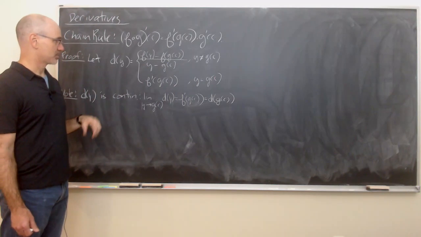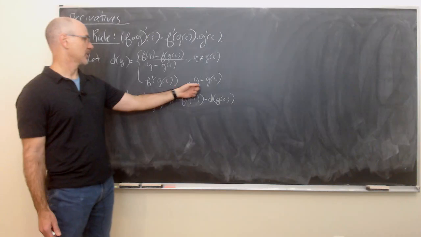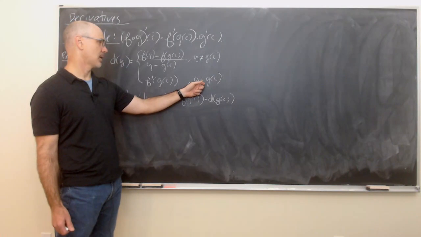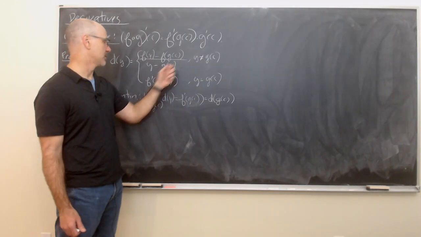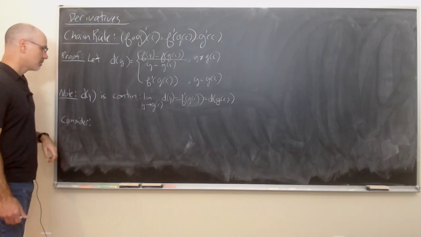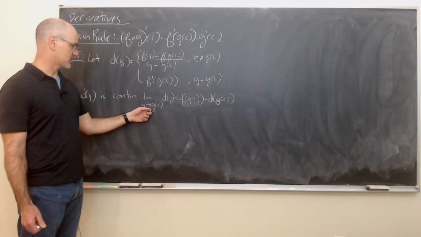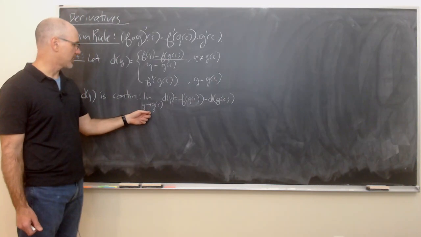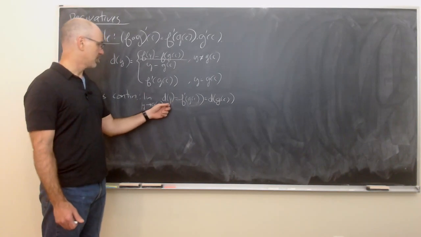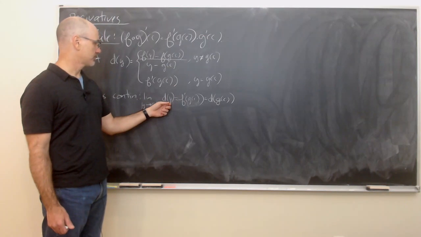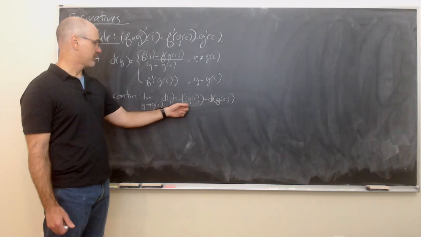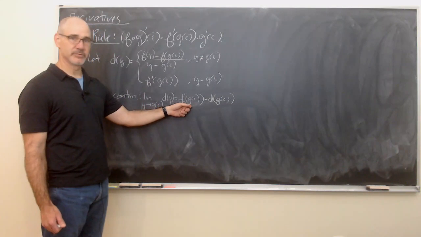So continuity is not a problem unless we're looking at the sort of weird point where the denominator could be 0 in the top piece. But because of the way we define D of y, that point is actually fine too. If we take the limit as y approaches g of c of our auxiliary function, then by the definition of the derivative, that's equal to f prime of g of c, right?